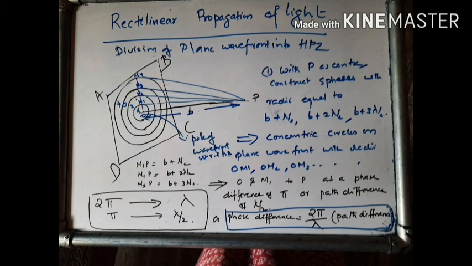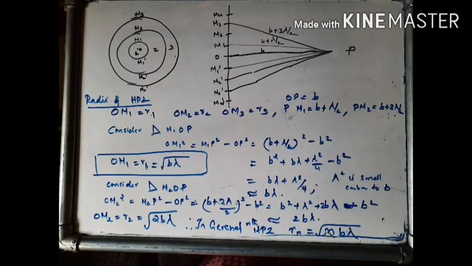It also depends upon the area of each half period zone, because as the area of a half period zone increases, the number of secondary wavelets emitted from each half period zone will be larger. So the effect at P increases with the area of the half period zone, as well as depending on distance and the obliquity factor. So now we are going to consider the area of the half period zone of the plane wavefront.